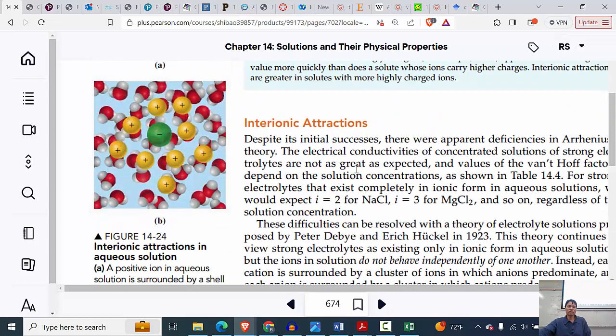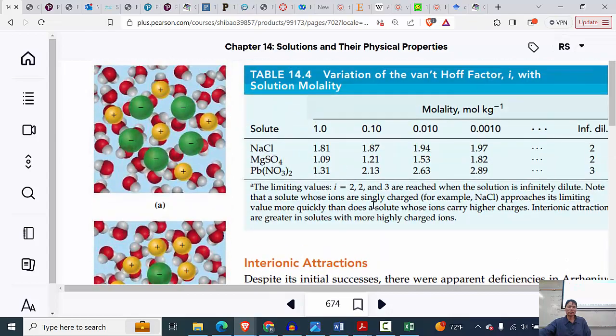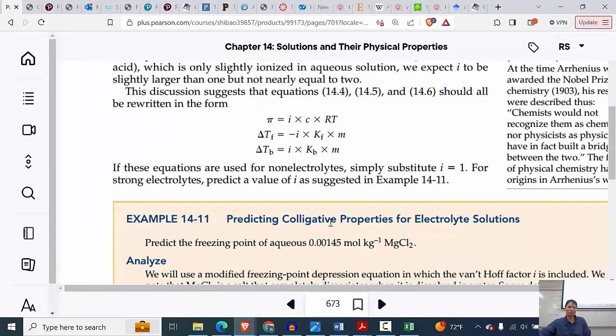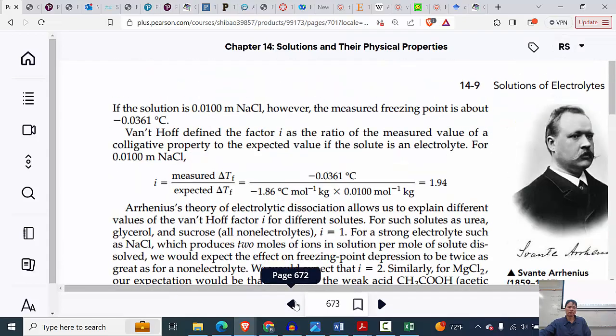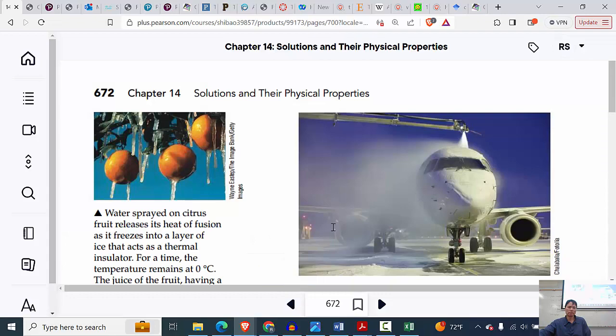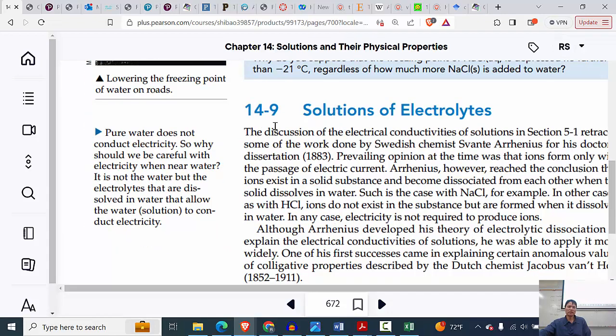So you should read these 3 paragraphs. It's not even the whole section. You don't have to read the whole section. Excuse me, 14.9, solutions of electrolytes.